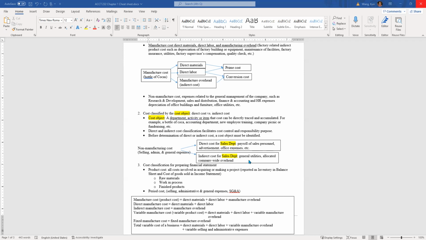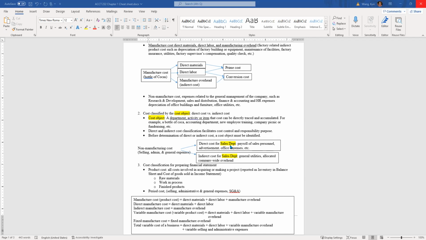So as the manager of the sales department, now you can tell why it's important we differentiate direct cost and indirect cost, because most of the direct cost can be directly controlled and changed by the decision of the sales department. So that means you are responsible for the level of the cost.